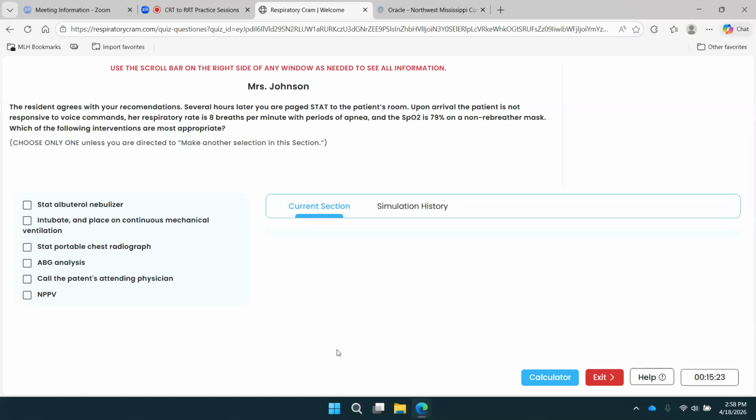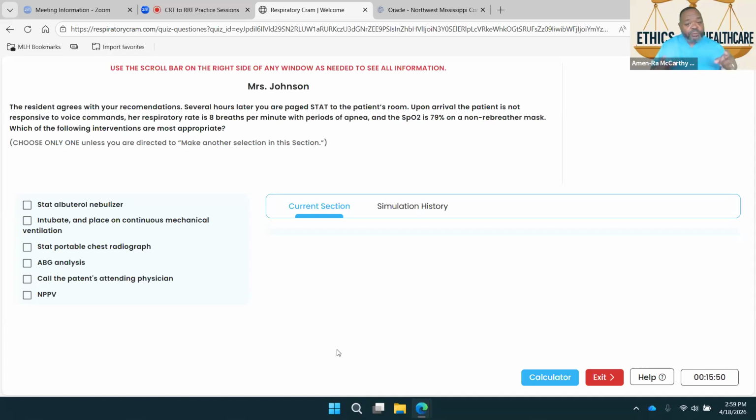No. What about a stat portable chest x-ray? No. What about an ABG? No. And what about call the patient's doctor? No. And BiPAP? Yes. You thinking BiPAP? Okay.